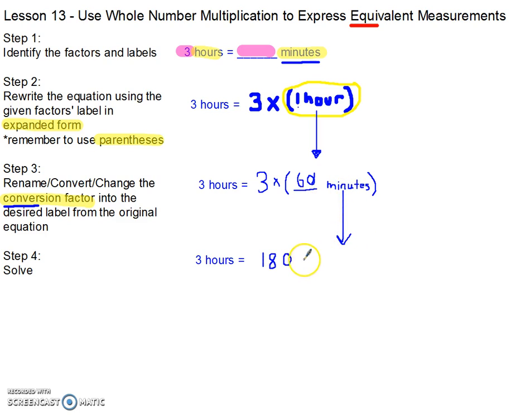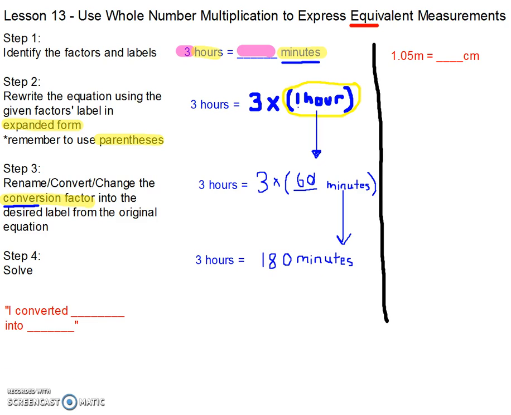So I need to drop that label down and write in minutes. So my answer is 3 hours equals 180 minutes. Or I could also say that as I converted 3 hours into 180 minutes. And this is a sentence frame that you can use to make sure that you're saying your answer correctly.